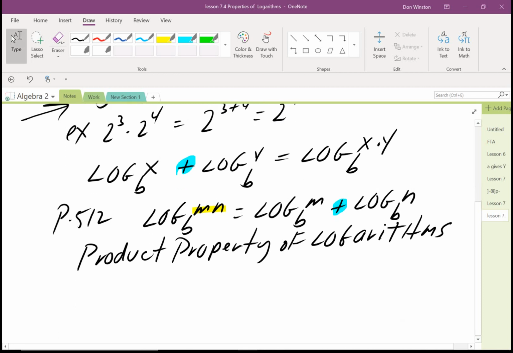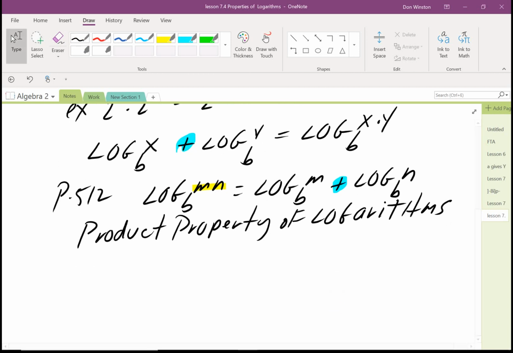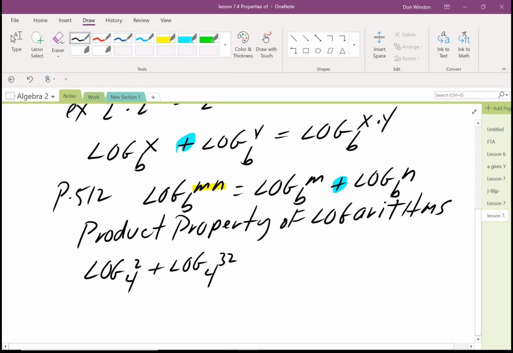So let's get just a little bit of practice with this property here. Let's say here I had log base 4 of 2, and to that I add log base 4 of 32. Now keep in mind, we can only add logs if we have the same base. Just like with exponents, you can only multiply or add the exponents for powers if you had the same base.